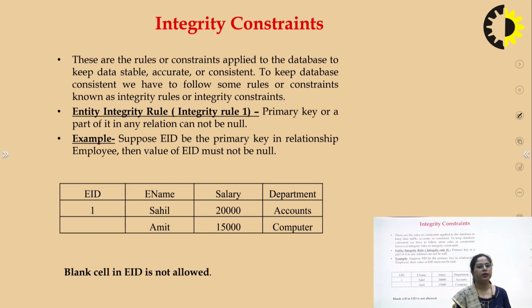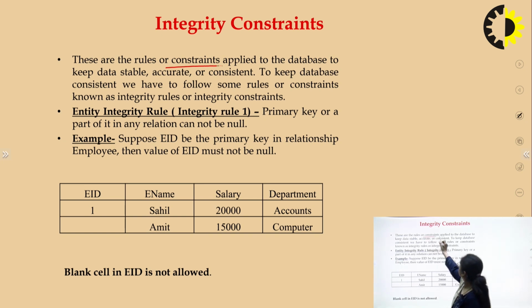After that, we will discuss the constraints of the relational database model, in which there are various types of constraints: integrity constraints, domain constraints, referential integrity constraints, and key constraints. The first is integrity constraints.